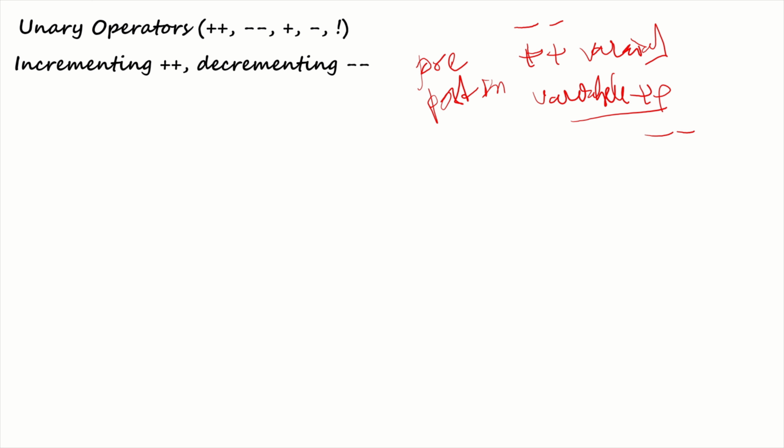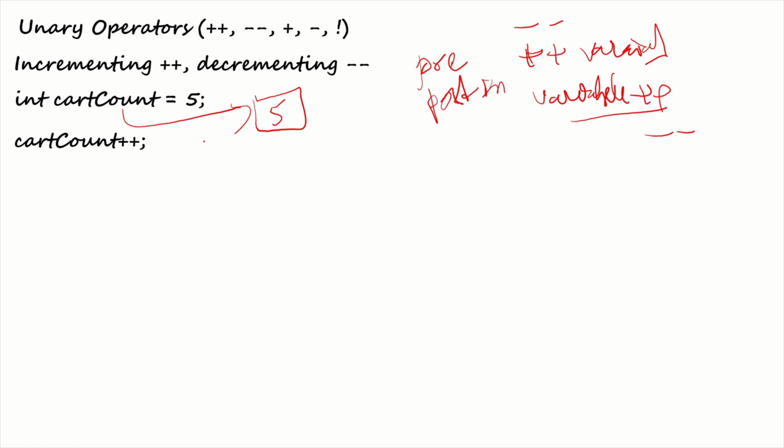What it does is, increment will increase the value of a variable by 1, and decrement will decrease the value of a variable by 1. For example, I have cart count equal to 5. Suppose I use cart count plus plus. Initially 5 is stored in memory and pointed to by cart count.